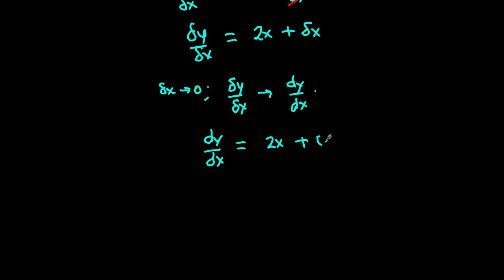So plus 0. And then finally, our dy by dx will be equivalent to 2x. So that is the derivative of the function y equals x to the power of 2.